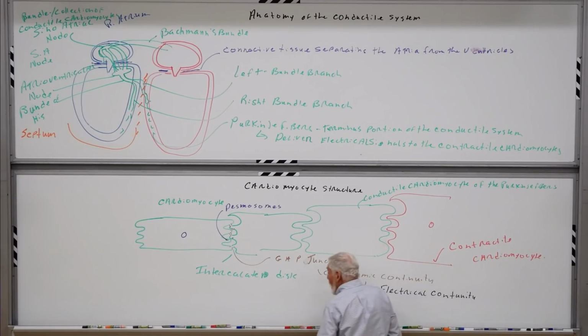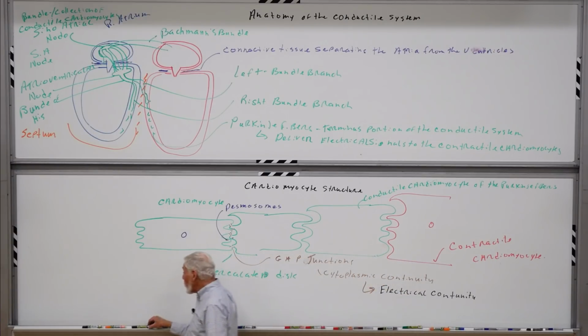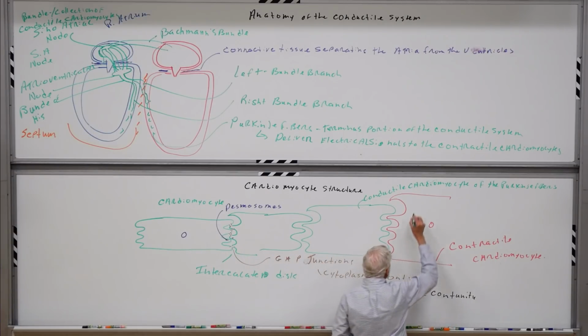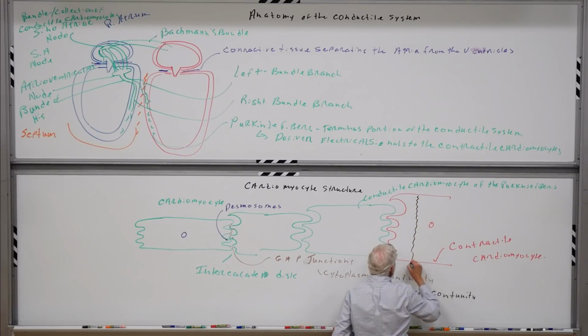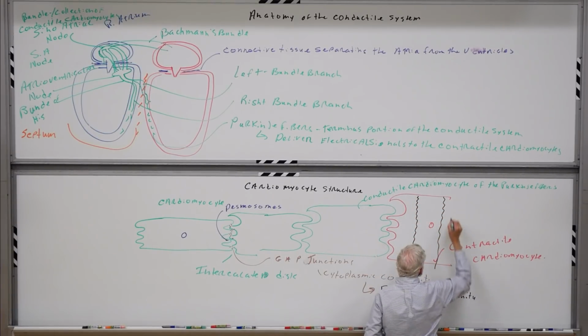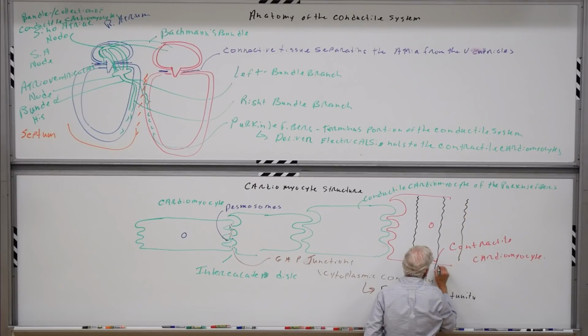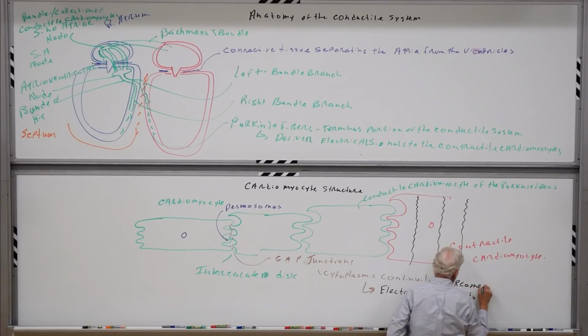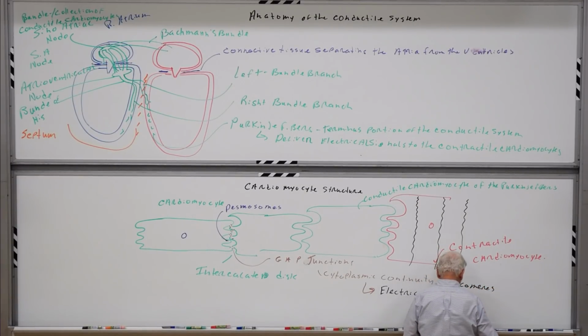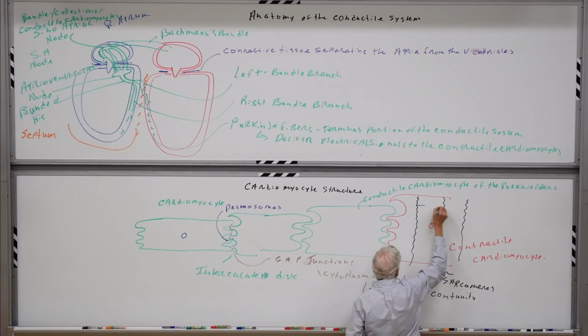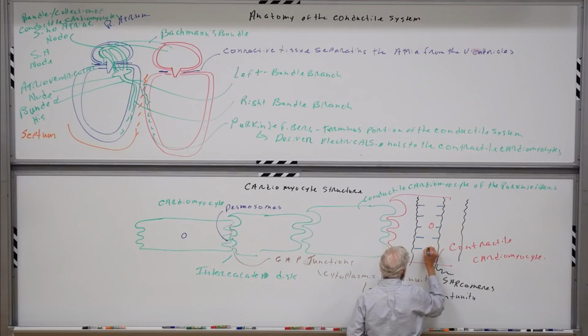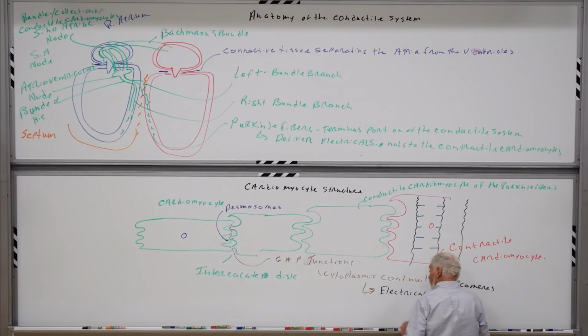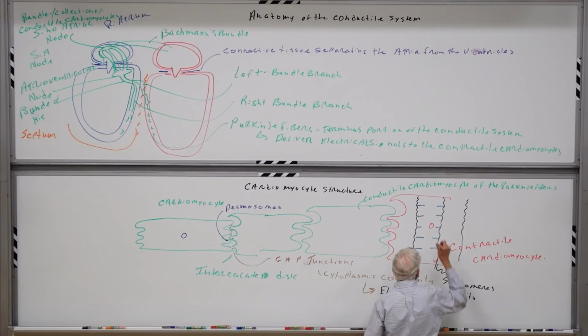Once we get into the contractile cardiomyocytes, we now begin to recognize many of the structures we talked about before when we talked about skeletal muscle, where there are Z lines to form sarcomeres, there are thin filaments, and there are myosin thick filaments.